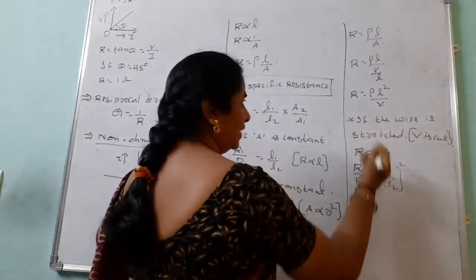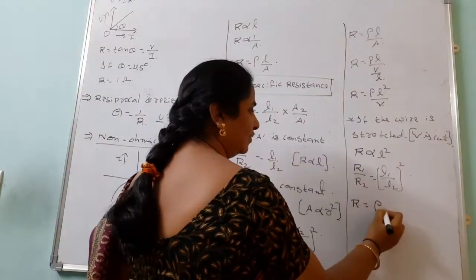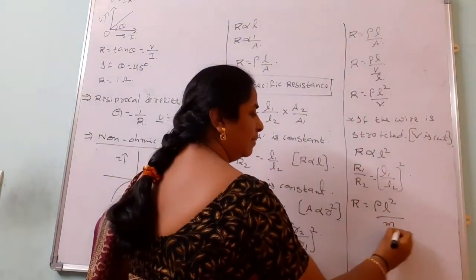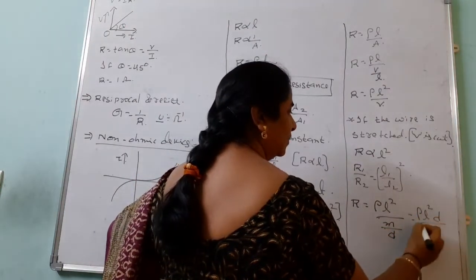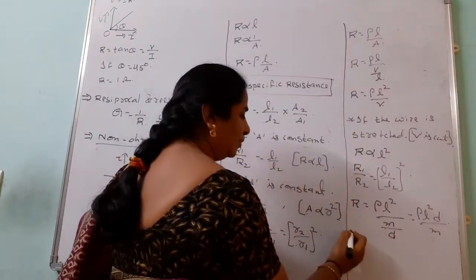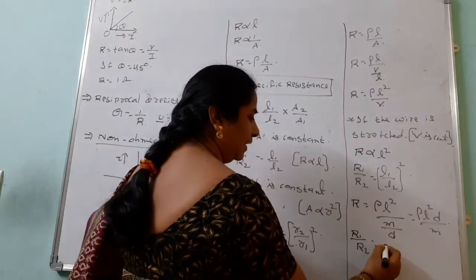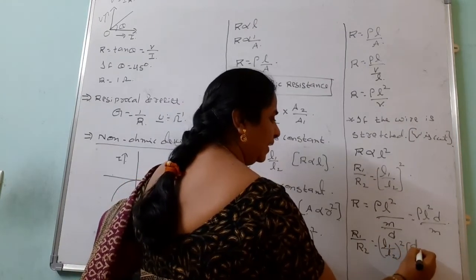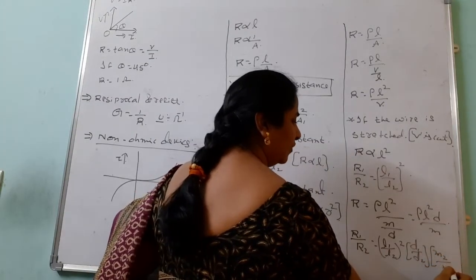Then like this you can give the relation between resistance and mass also. Rho into L square by, instead of volume we write mass by density. So rho into L square into density by M. When we take a single material with two wires, R1 by R2 equals L1 by L2 whole square, D1 by D2 into M2 by M1.